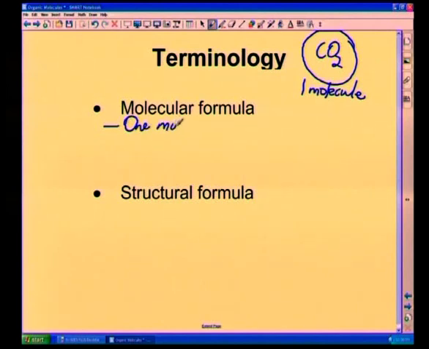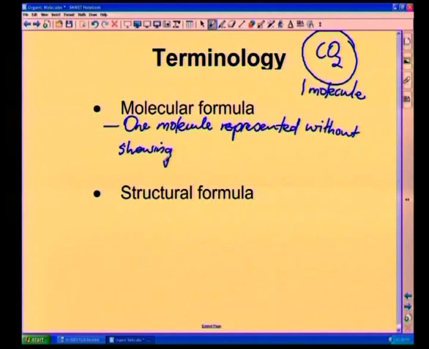One molecule represented without showing the bonds. In other words, if we go back to our example of CO2, you see it is just CO2.